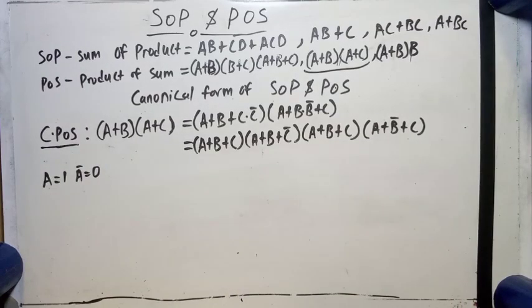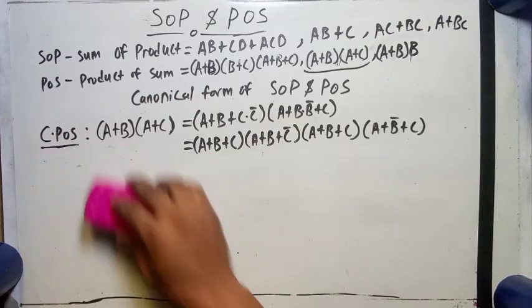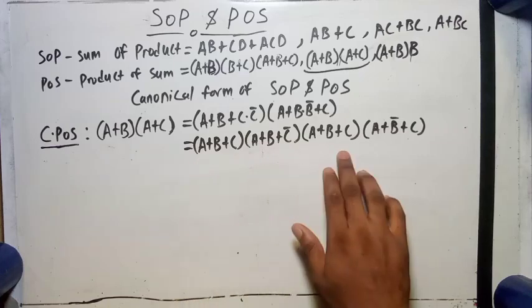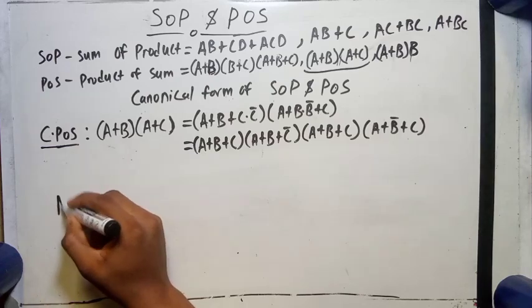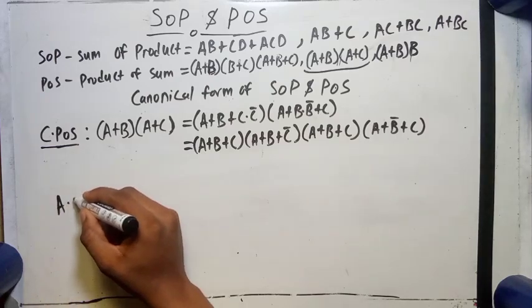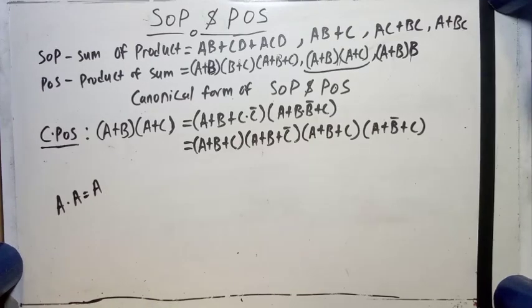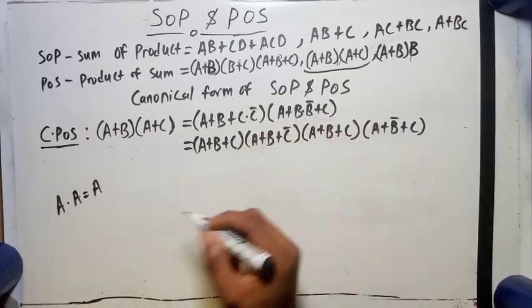But another thing we need to do is remember that this and this are like terms, so we can actually join them together. Remember when we said that if we have like terms, something like A dot A, just take one. This one doesn't have any bar, and we're taking it as one.